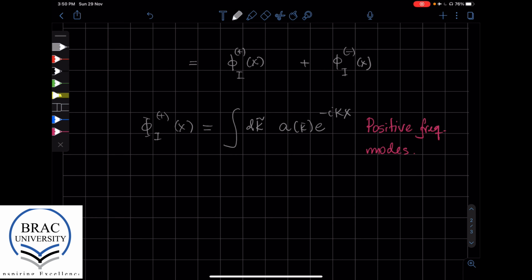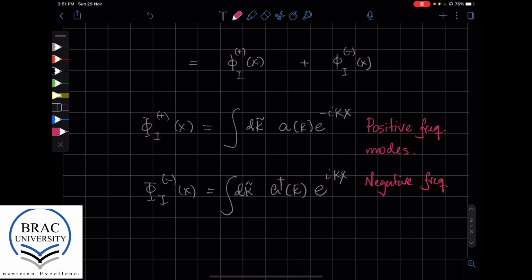While on the other hand, phi I minus of x has the form a dagger, integral over a dagger of k, e to the power i kx, and in the business this is known as negative frequency modes.